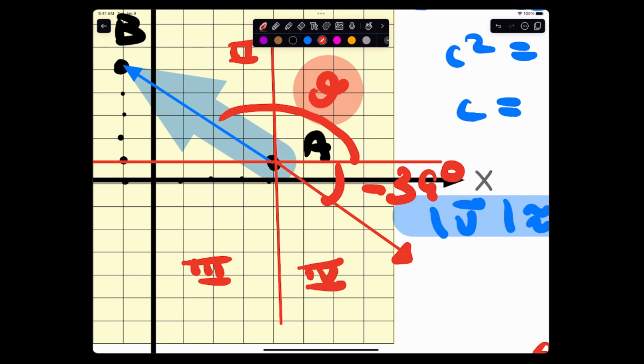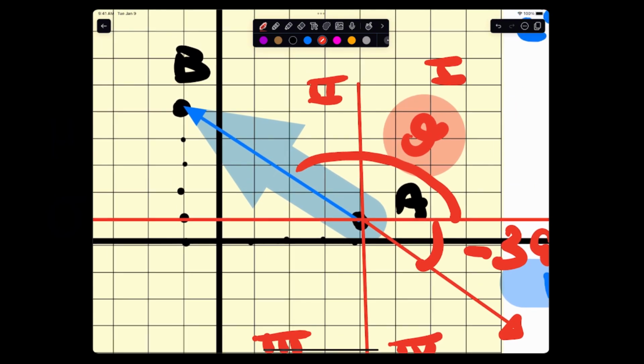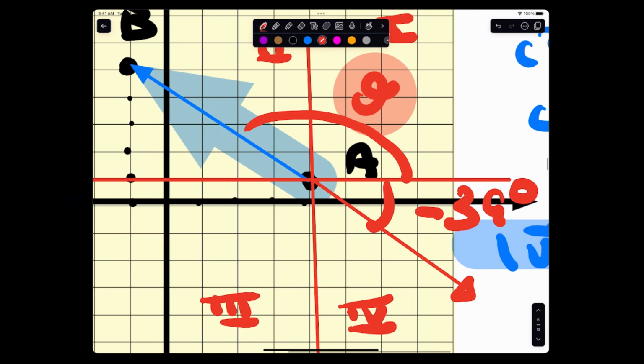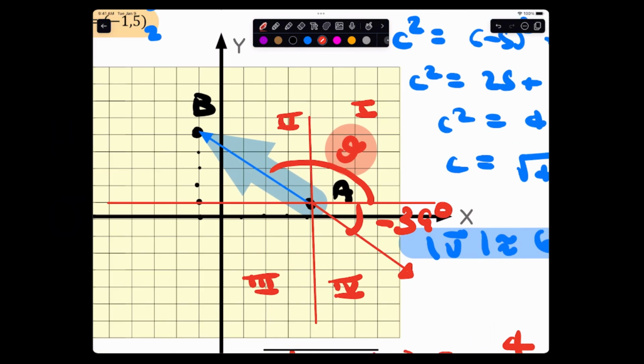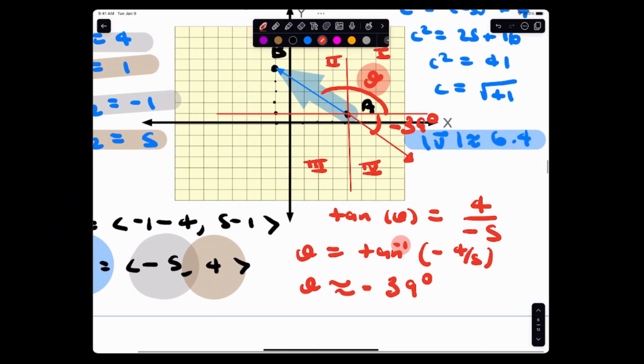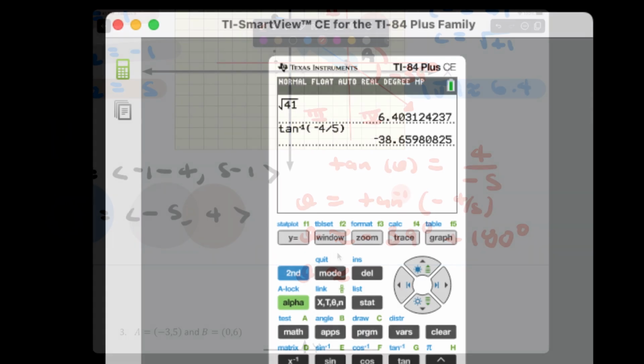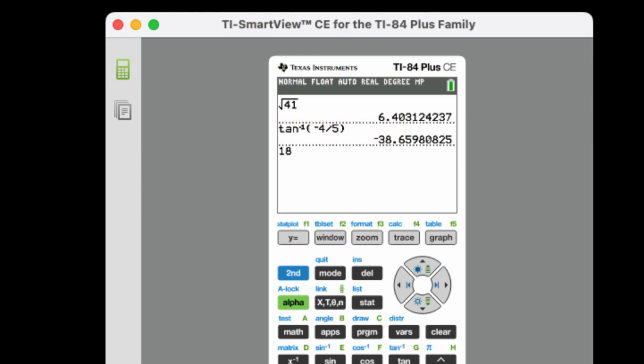Why? Because this is the direction of my arrow. You see the blue arrow? I need that angle. So I have to add pi to get that angle. What is pi? 180. So you need to add 180 here: 180 minus 39. That's 141 degrees.